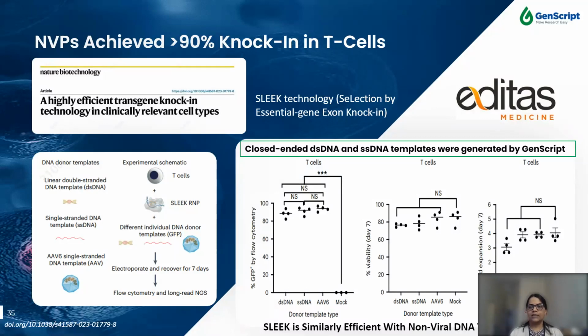However, linear double-stranded dsDNA displays slightly lower viability and expansion on day 7 compared to the single-stranded ssDNA and AAV6, which we can see in this graph. And this close-ended dsDNA linear template is generated by GenScript.